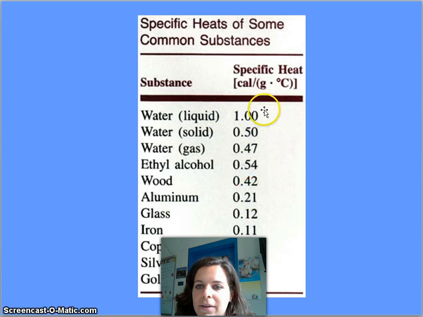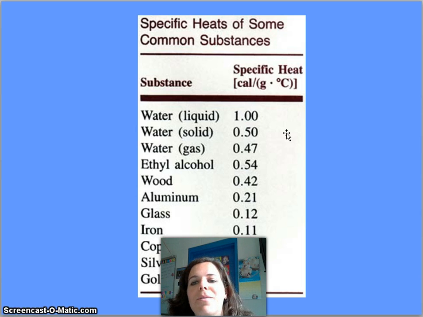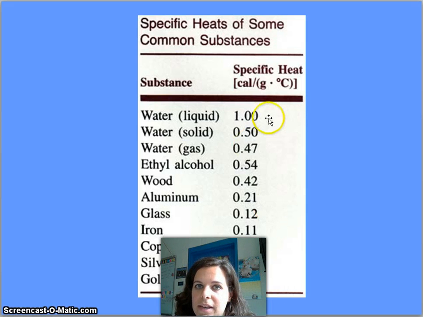Water as a liquid has a specific heat of 1. So it takes 1 calorie to raise 1 gram of water 1 degree Celsius. And then you can see gold has a really, really low specific heat. So water is really high, gold's really low.